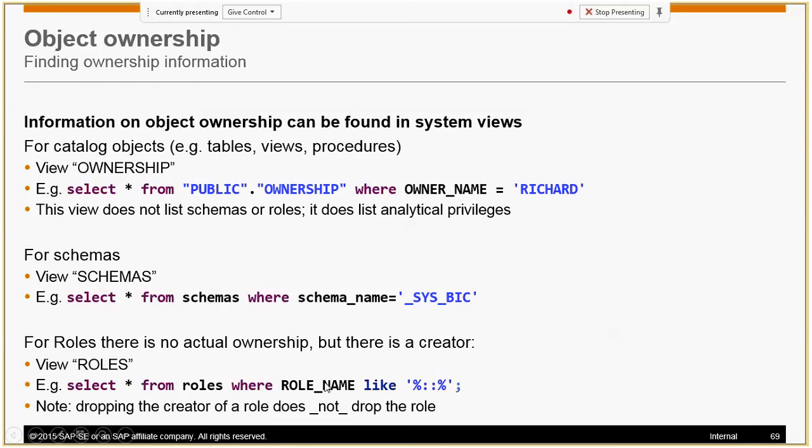So here there is a view roles and a view schemas, and you can always refer to these views to check what is the current status in your system. So if there are objects owned by particular users, or even selecting a particular object to check who is the owner.